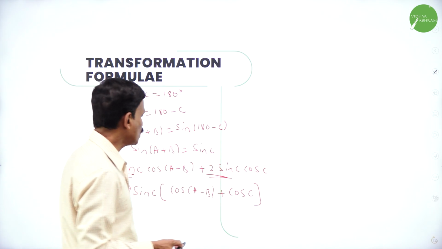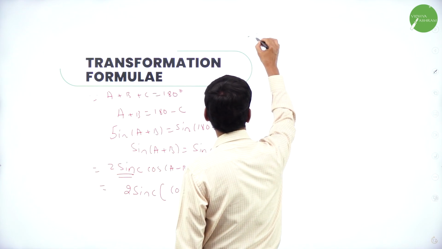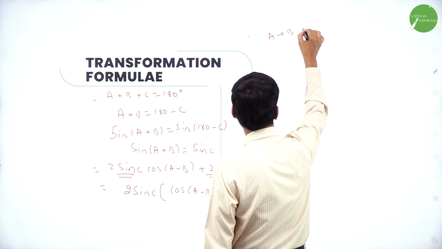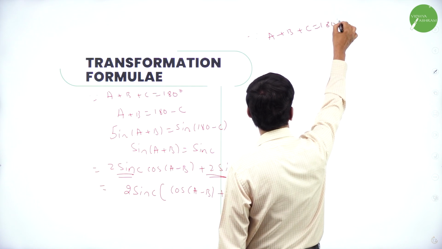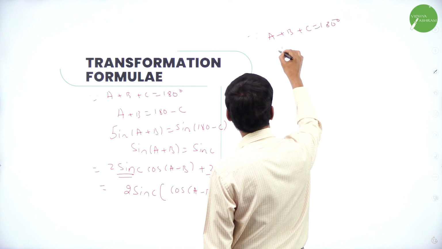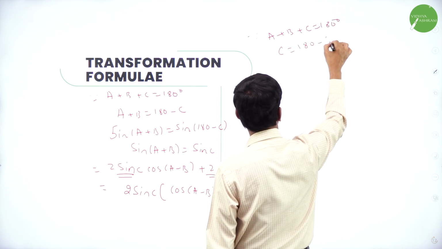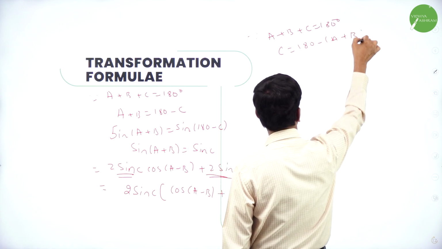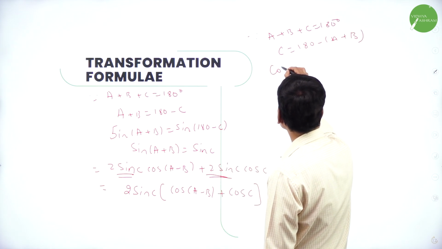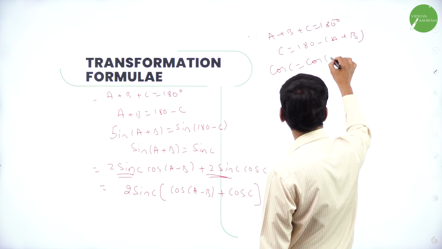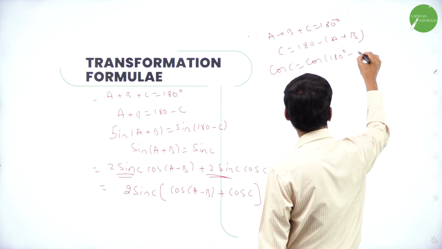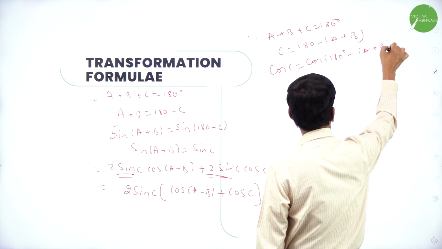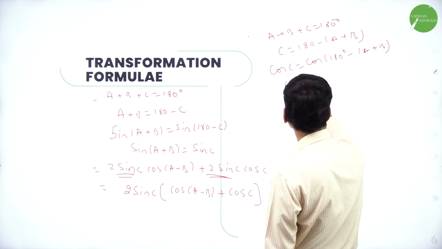Now, find out the value of cos c. Again, we know that a plus b plus c is equal to 180 degrees. So, c is equal to 180 minus a plus b. Taking cos on both sides, cos c is equal to cos of 180 minus a plus b. Now, what is cos 180 minus theta?